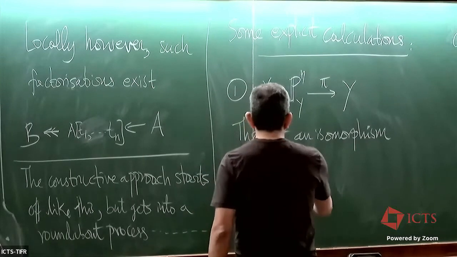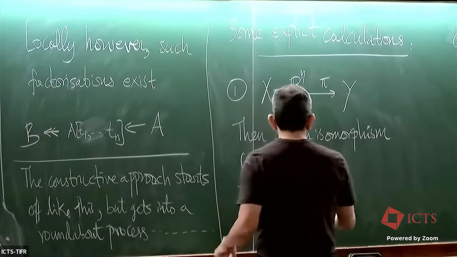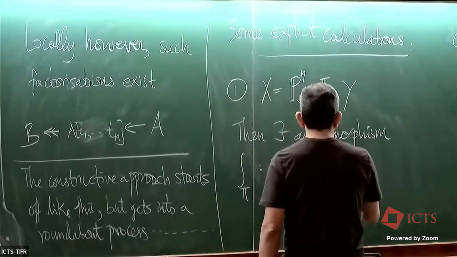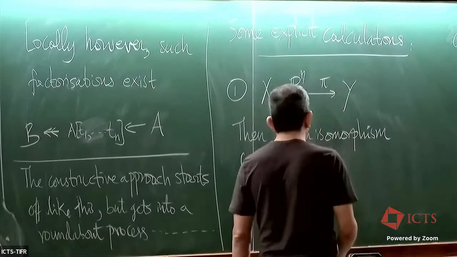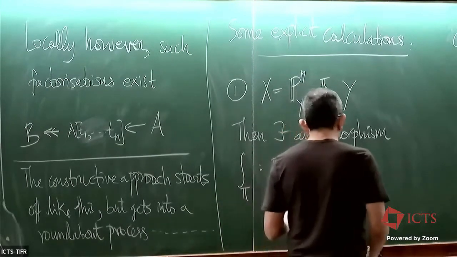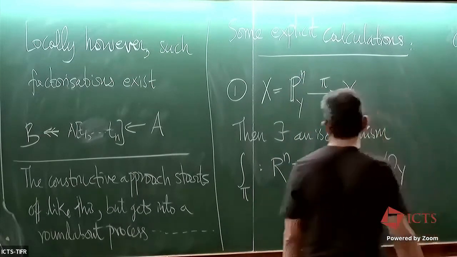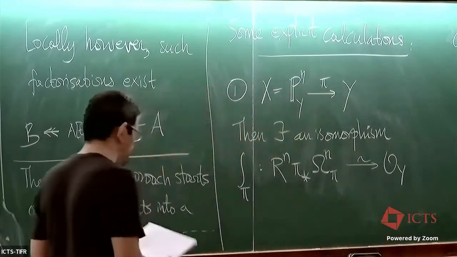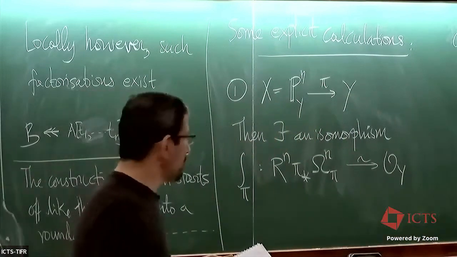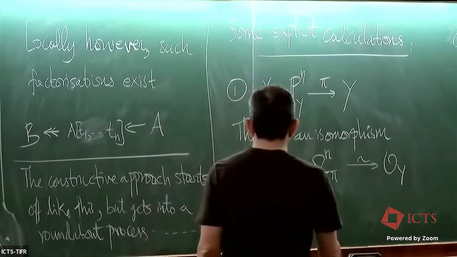From R^n pi lower star of omega^n_pi, so relative module of differentials, to O_Y. And thereby giving us a map of complexes.